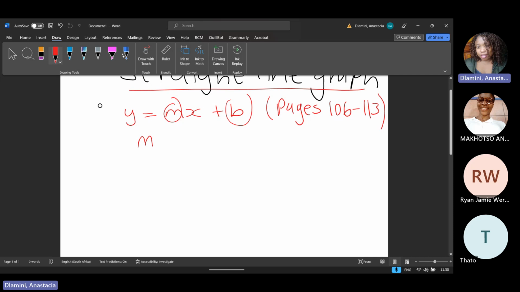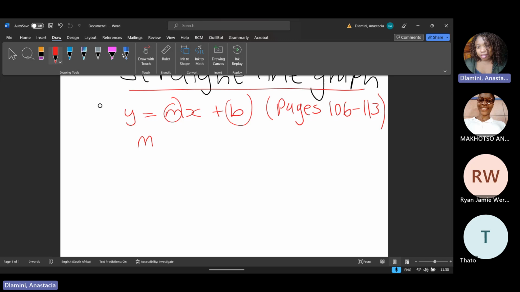So here, I'm just going to look at how to find the equation of a straight line. We're not going to look at a lot of things, but just to find the equation of a straight line. And then you'll have to go to pages 106 and 113 so that you can touch up on the knowledge that you already have.